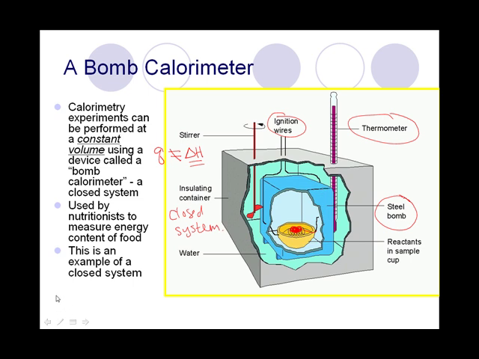An example of an isolated system is kind of like a thermos. So let's say that you have a thermos bottle, and it is a double container, where between the smaller container and the larger container is a vacuum.